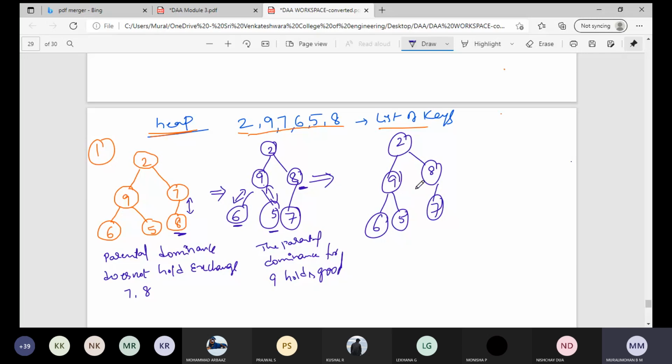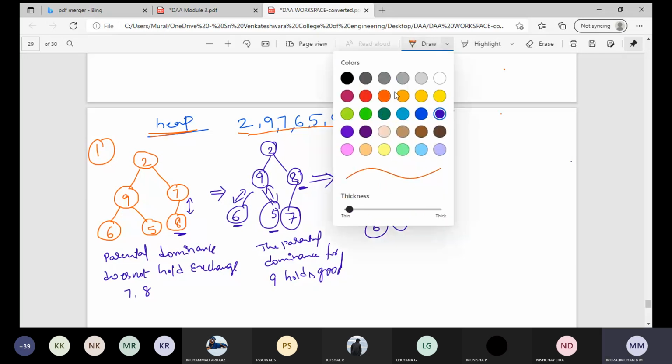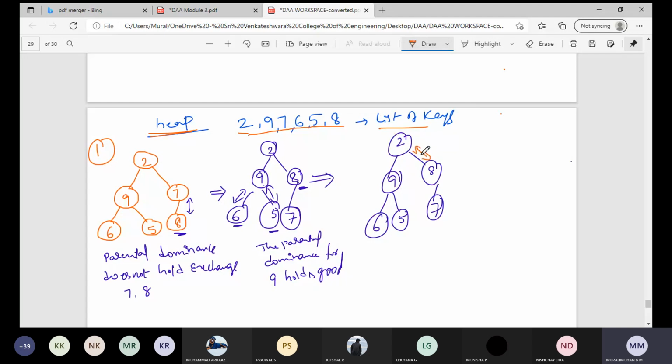Now you check for the parental dominance for 2. So it is not holding good, right? So here we will write: the parental dominance does not hold good for 2.